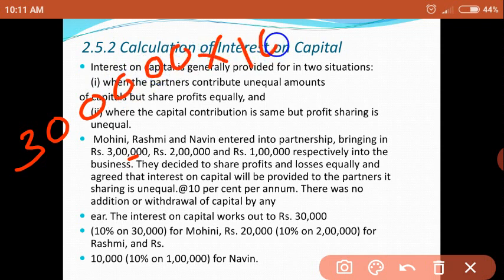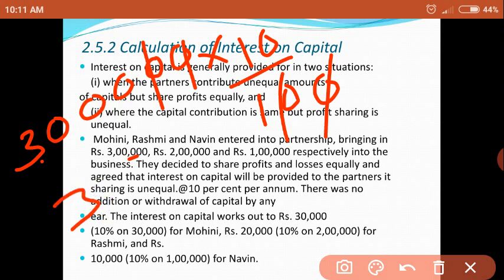into the 10% interest on capital rate, which is 30,000. So 30,000 is the interest on capital of Mohini. Got it?